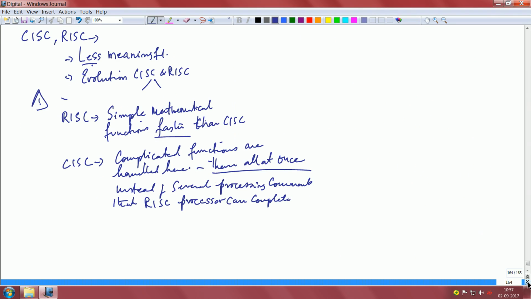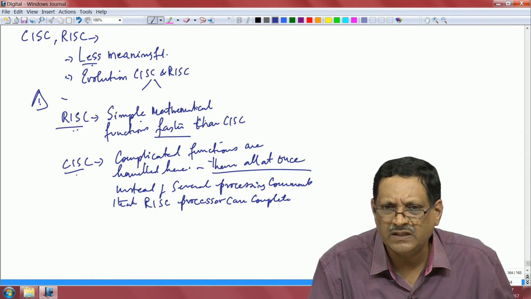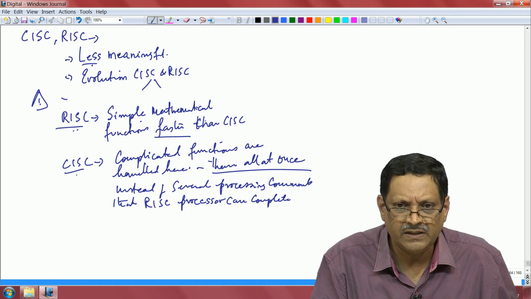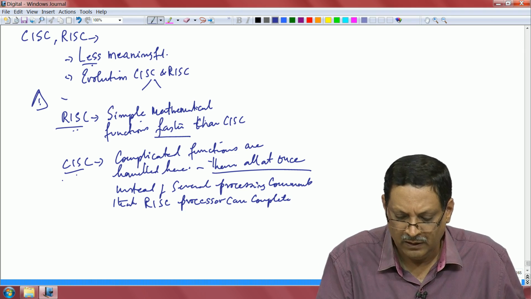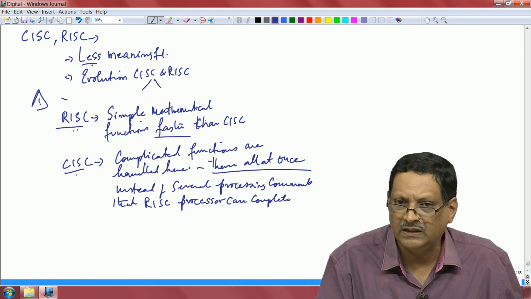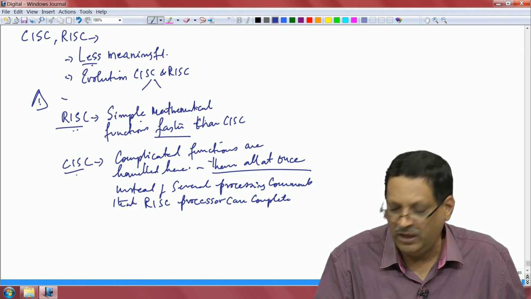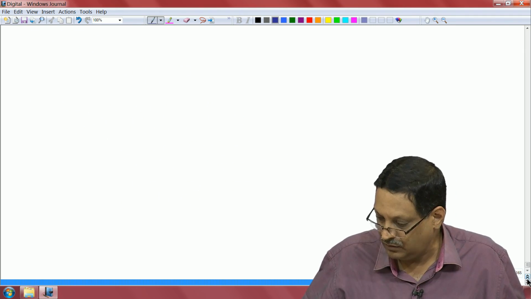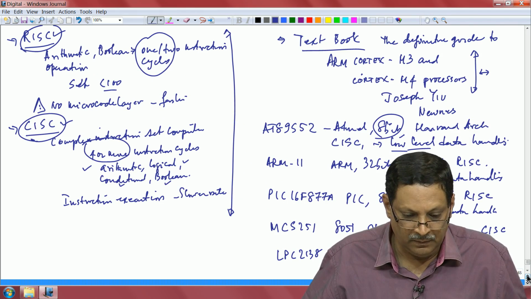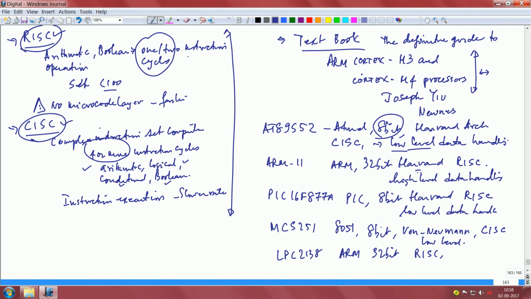But if you contrast it to mathematical functions, RISC may not be the right choice. So again it will depend on what your application is. If your application requires complicated functions, even if RISC is doing it in 1-2 instruction cycles, that is important.